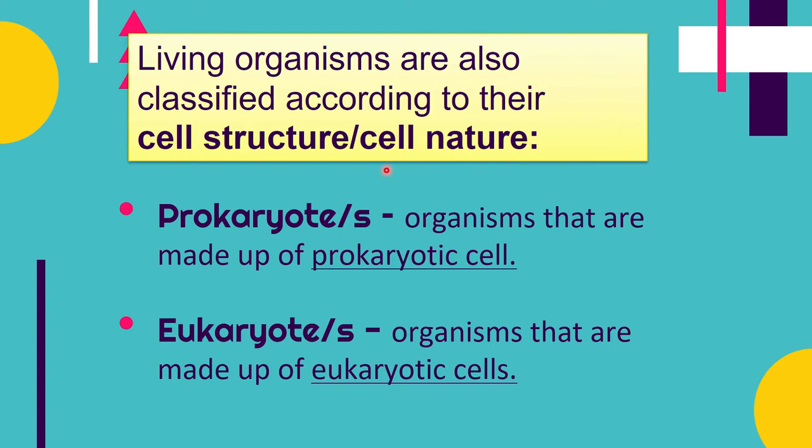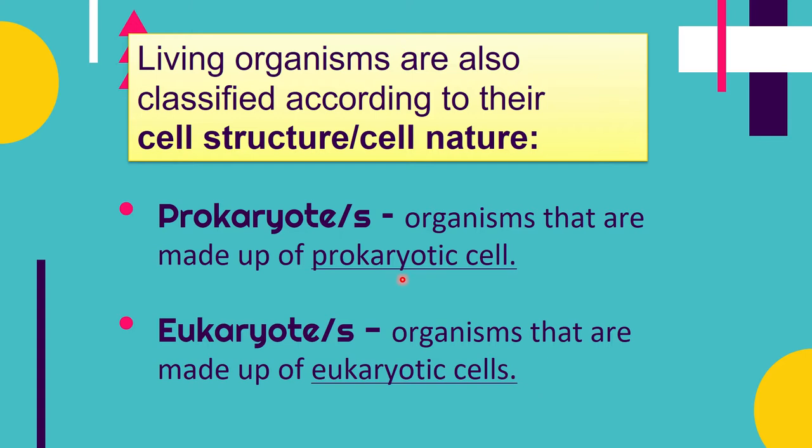So there are two classifications of living organisms according to cell structure or cell nature. So first we have prokaryotes. So prokaryotes, these are organisms that are made up of prokaryotic cell. And we also have eukaryotes. So eukaryotes are organisms that are made up of eukaryotic cells.